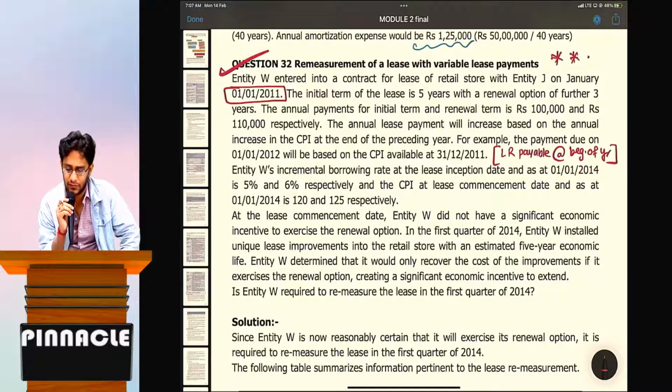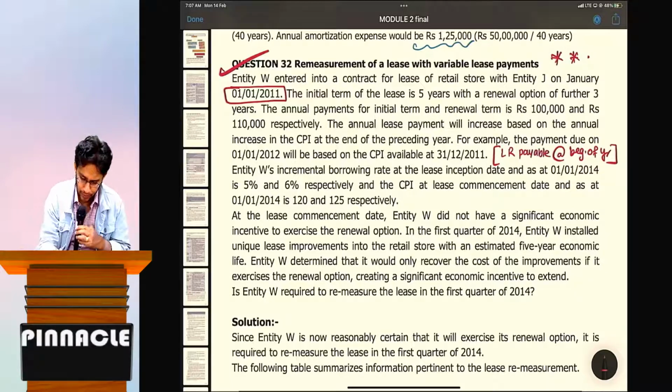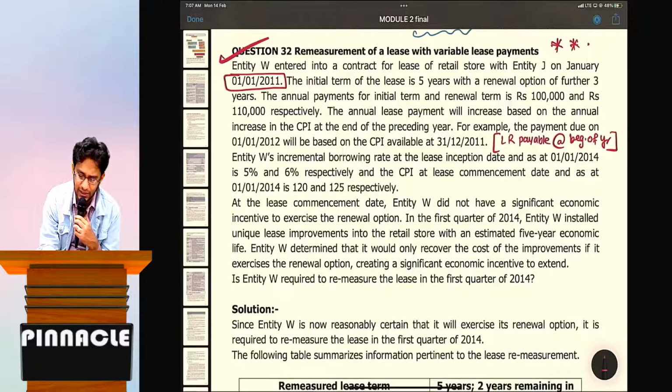In the first quarter of 2014, entity W installed unique lease improvements into the retail store with an estimated 5-year economic life. Entity W determined that it would only recover the cost of improvements if it exercises the renewal option, creating a significant economic incentive to extend.